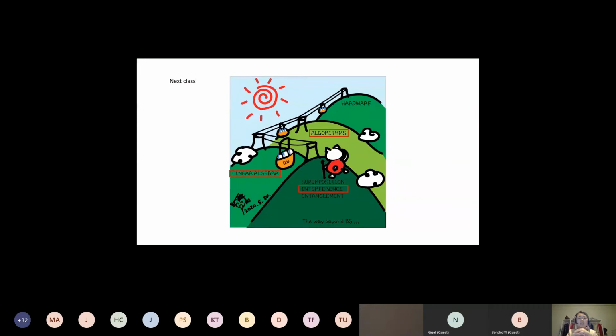Last class and 2 classes ago, we discussed superposition. This picture shows you a landscape for learning quantum computing. You can go pretty far with the Q-Sharp exercises, learning the concepts, and go to all these linear algebra or algorithms that you can express using the quantum language Q-Sharp.